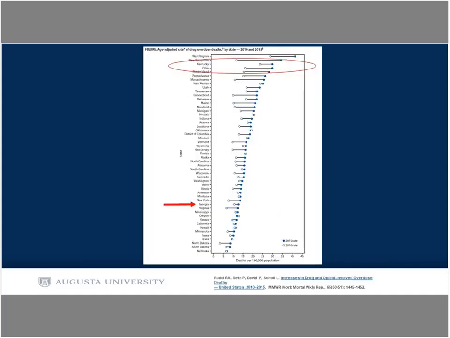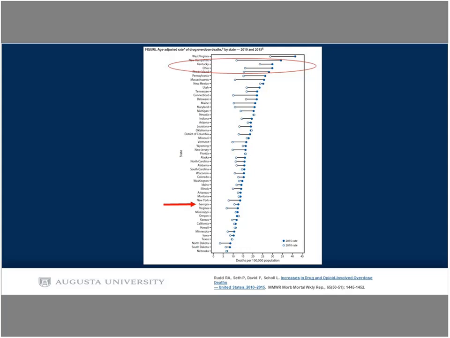So this is just a look, and you may want to look quickly and see if you see your state in this table. This is a look at how the overdose death rate has changed by state between 2010 and 2015. So if you look at the open circle, that is the rate of deaths per 100,000 population in 2010. If you look at the dark colored circle, that's the rate for 2015.